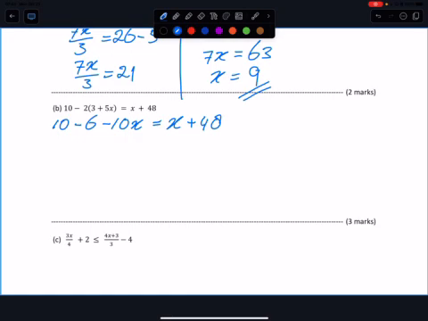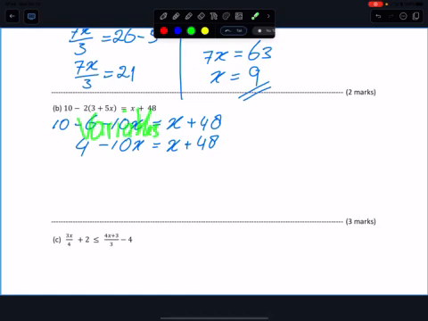Putting the like terms together, all the variables go on the left-hand side. All the constants go on the right-hand side. Constants, variables. Negative 10x stays.